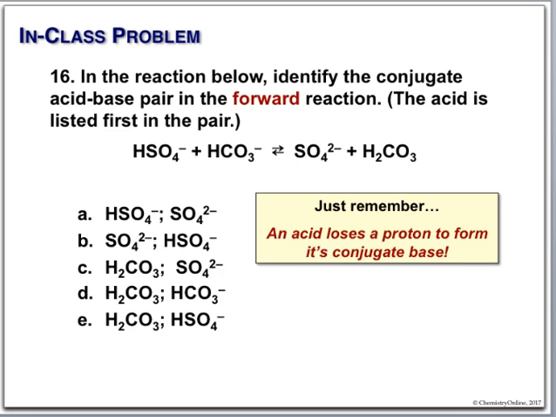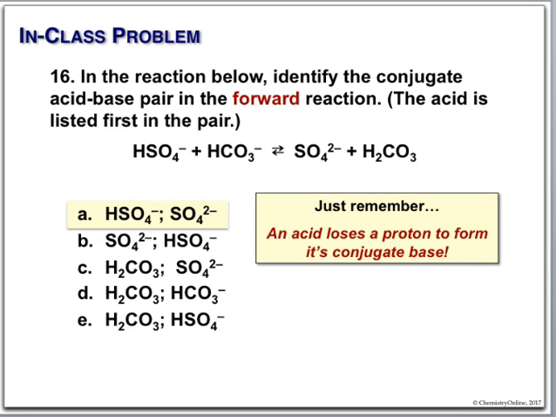So that's going to be hydrogen sulfate to sulfate. B is the correct answer. I'm sorry, A is the correct answer. I can't see it either. A is the correct answer. Hydrogen sulfate is the acid, and it forms its conjugate base, which is sulfate. Any questions?